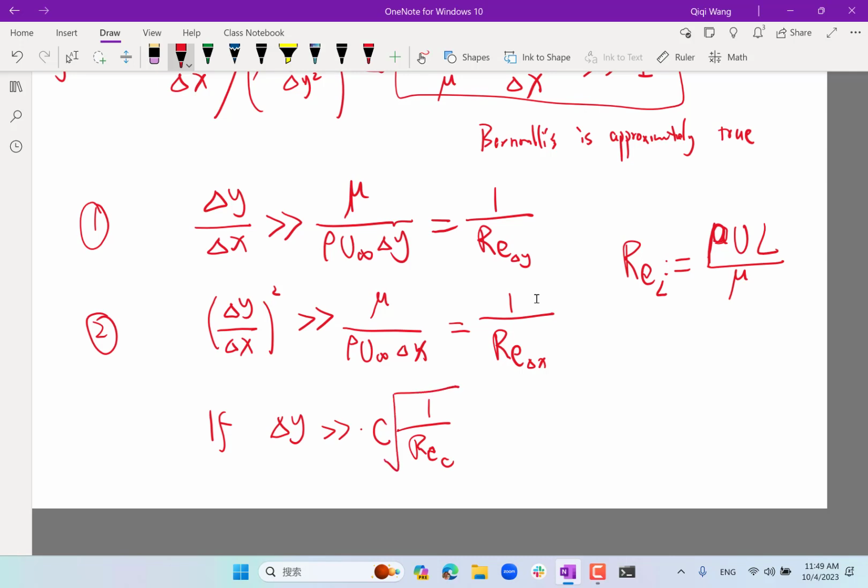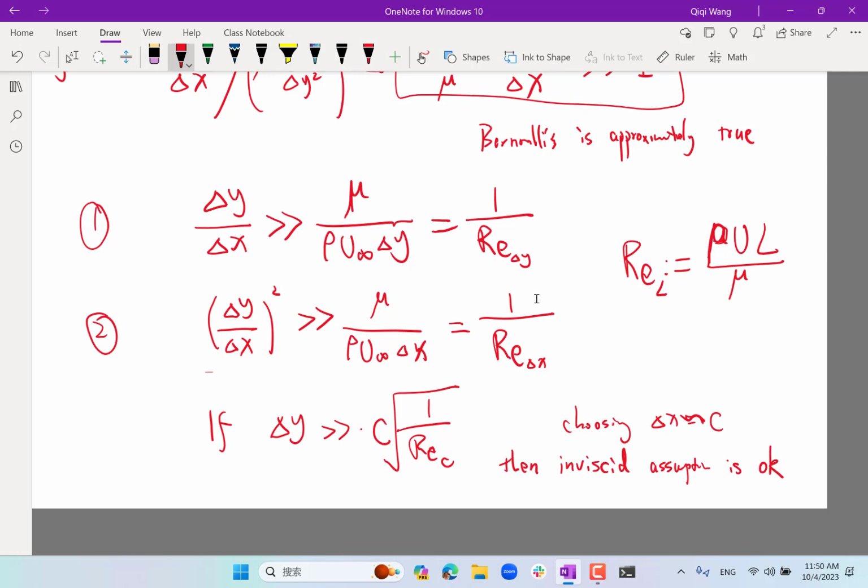So that's using the second equation, by choosing delta x on the order of the chord length. Then I can approximate the flow on that scale as inviscid. Inviscid assumption is okay.